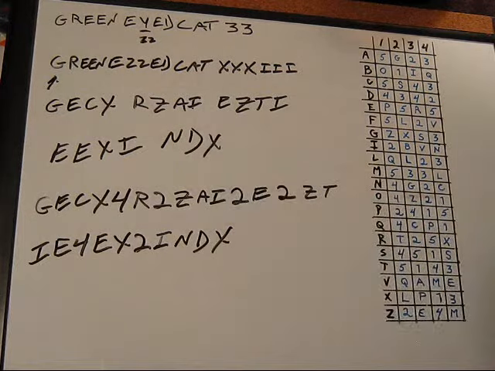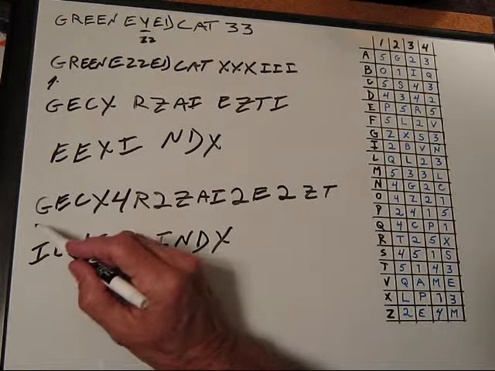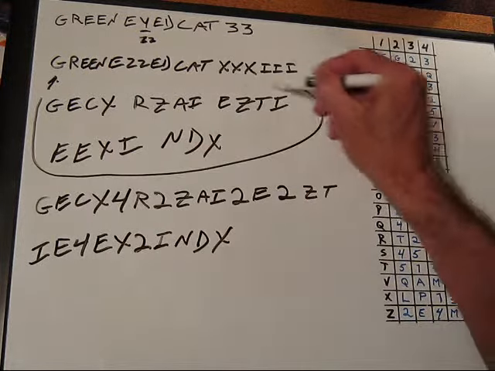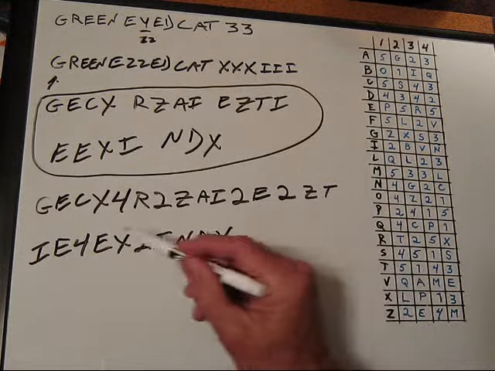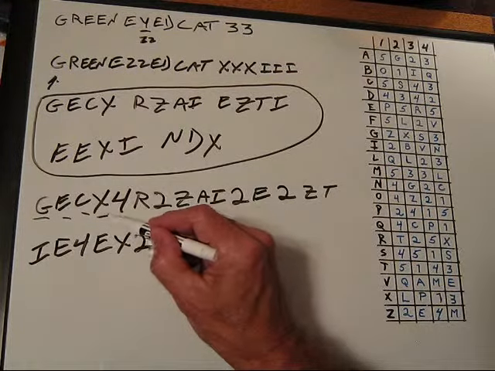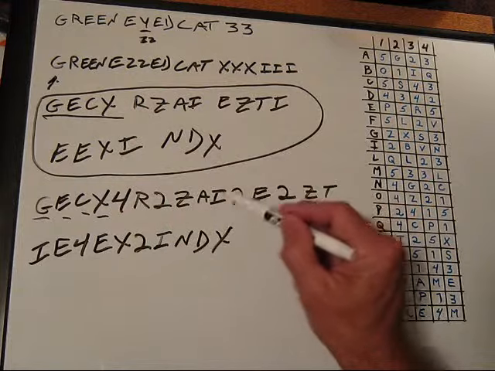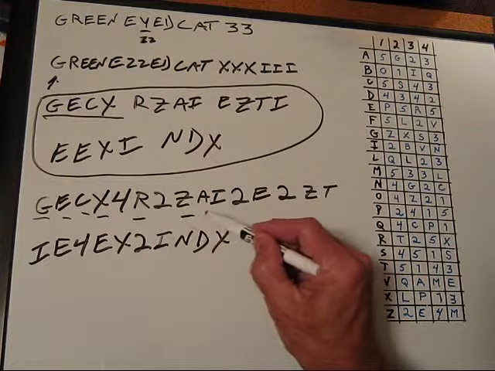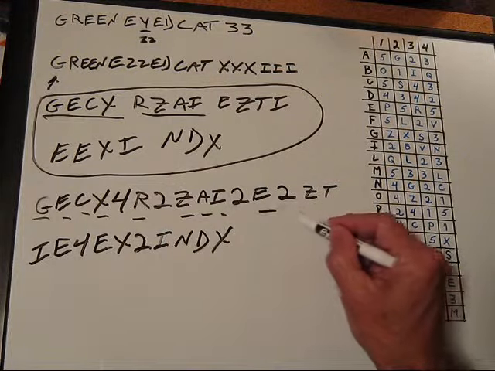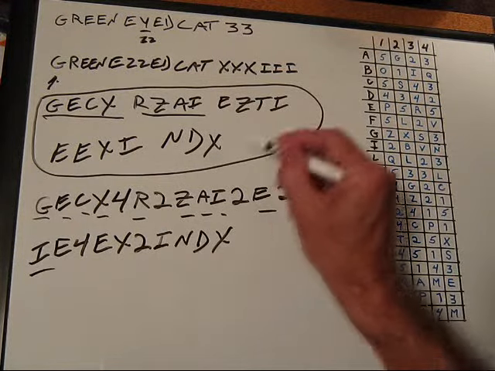Let's just make sure we still got everything. It should match the whole thing here, because we just essentially added rotational commands. So let's see if we have it. G, E, C, X. Okay, that's that. R, Z, A, I. Yes, we have that. E, Z, T, I. We have that.